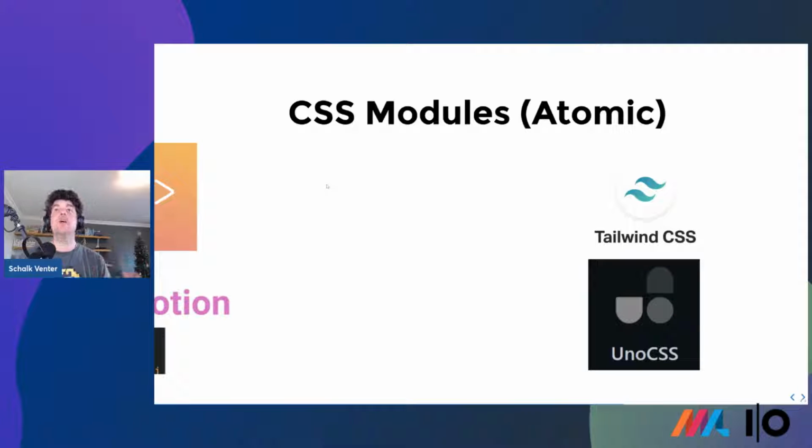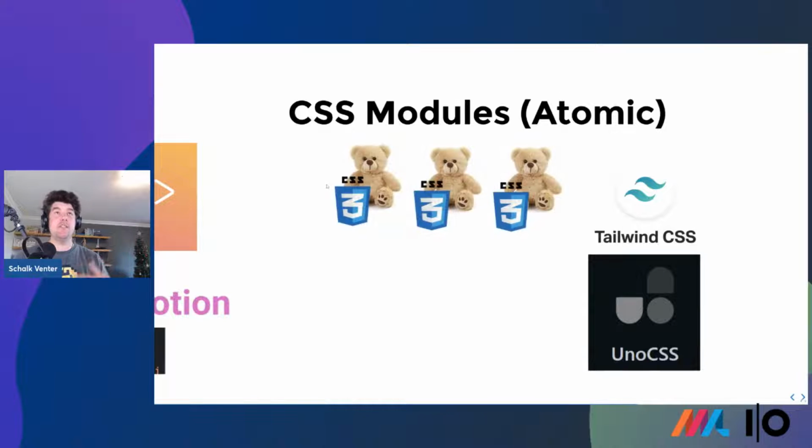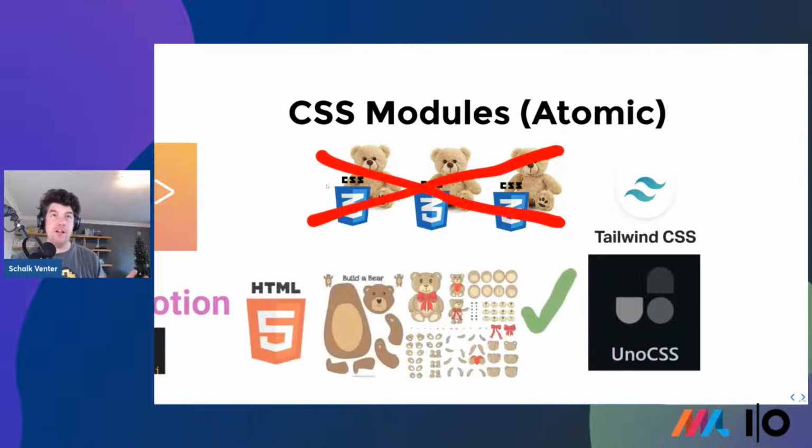Uno is really great. But effectively, what this does is it says, how about if we don't even do our modules in CSS? No CSS, no JavaScript, whatever. Instead, we control everything through HTML, and we even do the encapsulation at a level lower. So instead of having these bears, we have all these random bear parts, like an arm, a leg, a nose, an ear, and then you compile it from this pre-existing stuff.